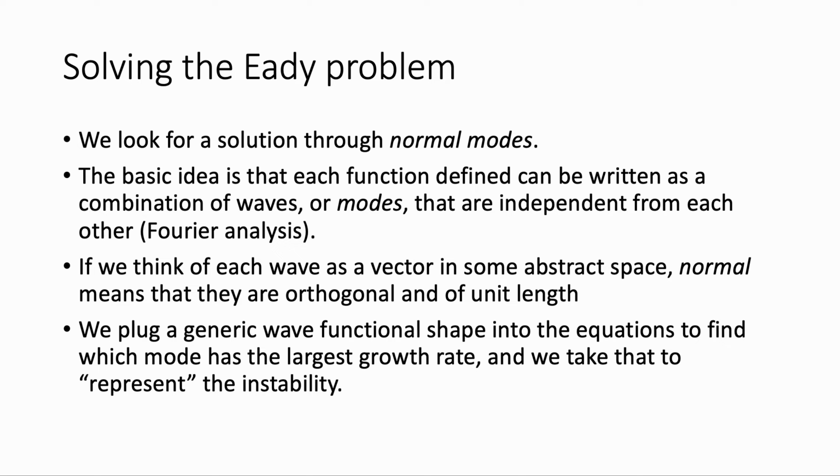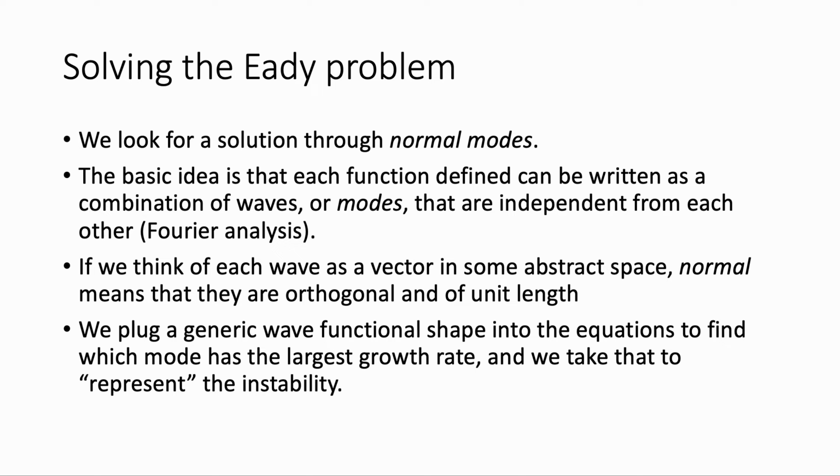What does that mean? What do we mean by this? This means essentially that we're going to assume that the function, the perturbation, is some sum of trigonometric functions, of waves, of certain frequencies and certain wavelengths.